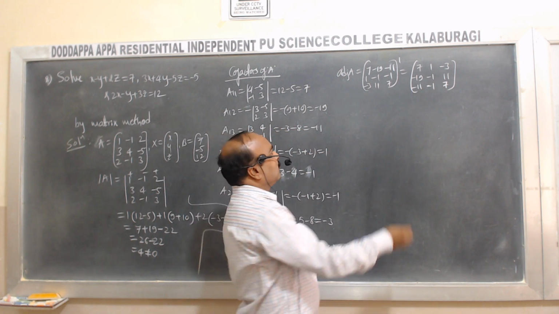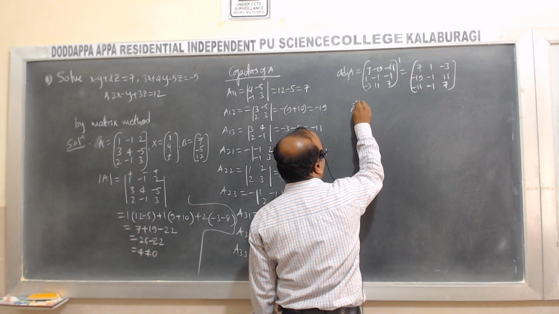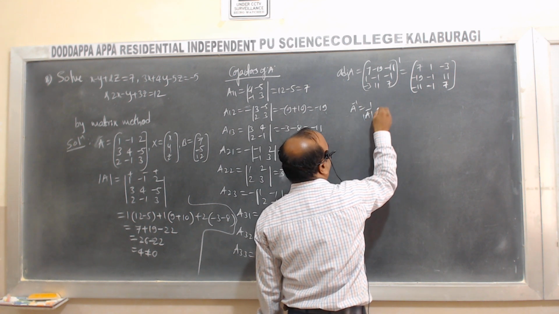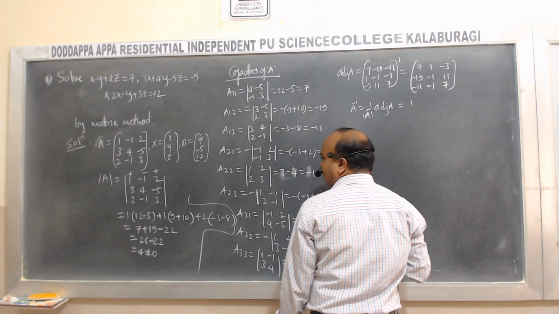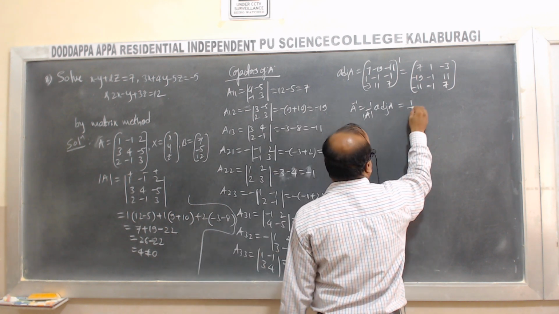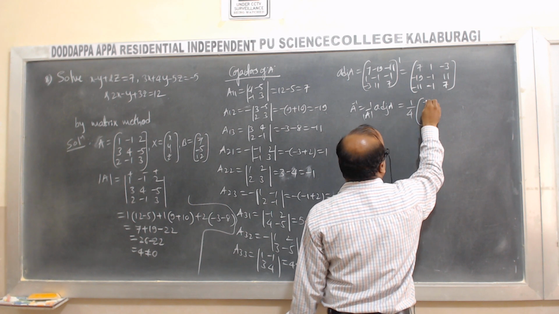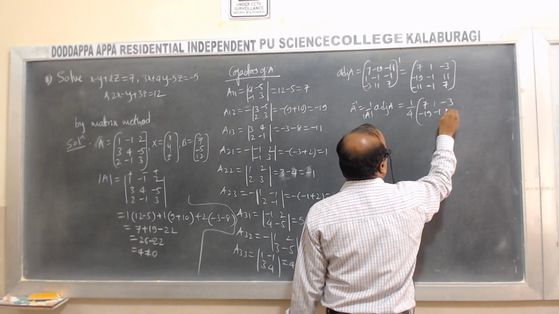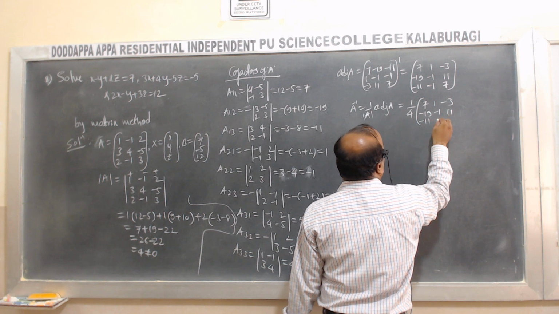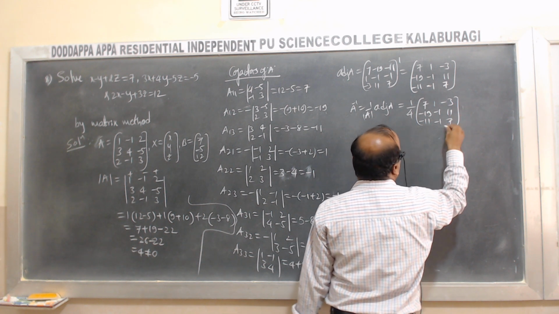Now we go for A inverse, that is 1 by determinant of A into adjoint of A. Here determinant of A is 4, so we write it as 1 by 4 into 7, 1, minus 3, minus 19, minus 1, 11, minus 11, minus 1, 7.